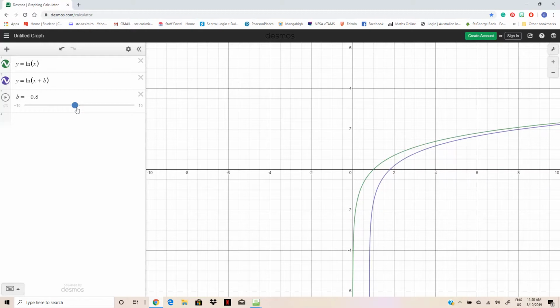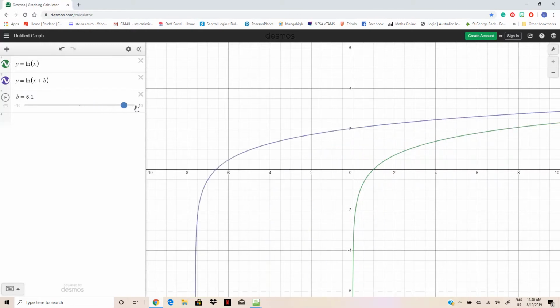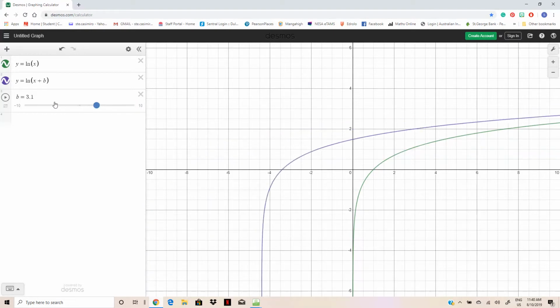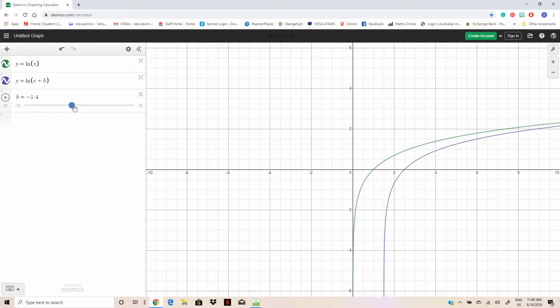If I have natural log of x minus 10, I'm moving to the right. So basically what we've got to remember is that if b is positive, we're going to go to the left, and if b was negative, we're going to go to the right.